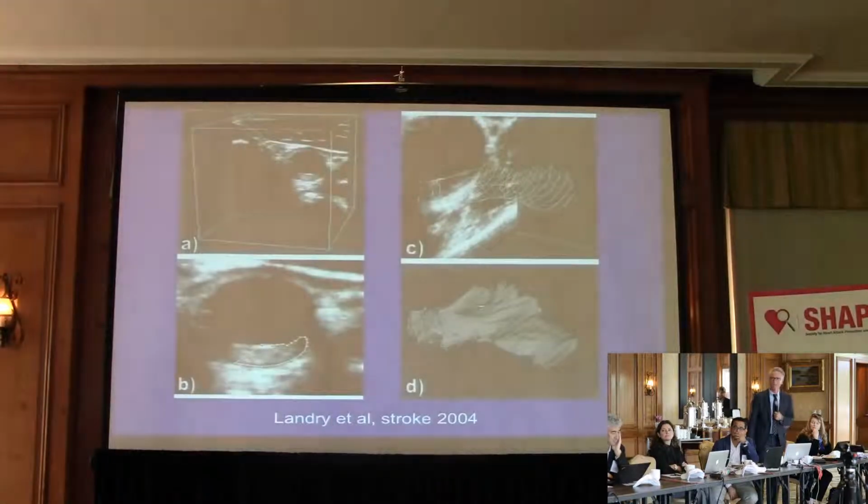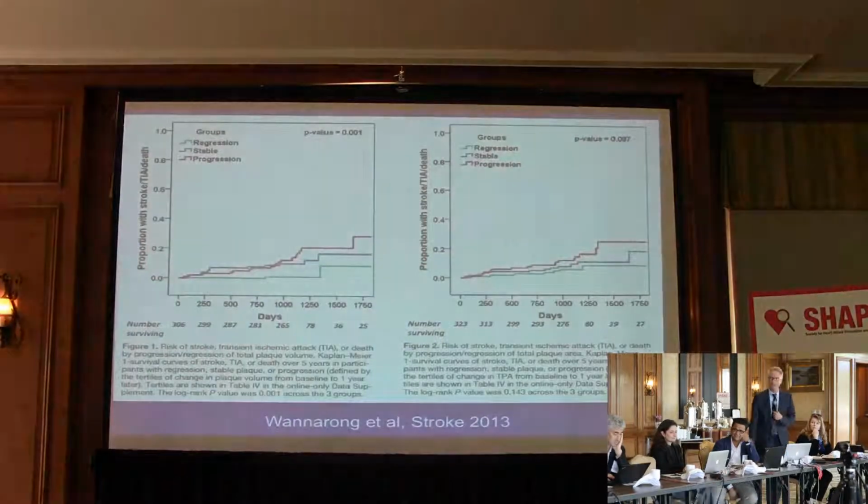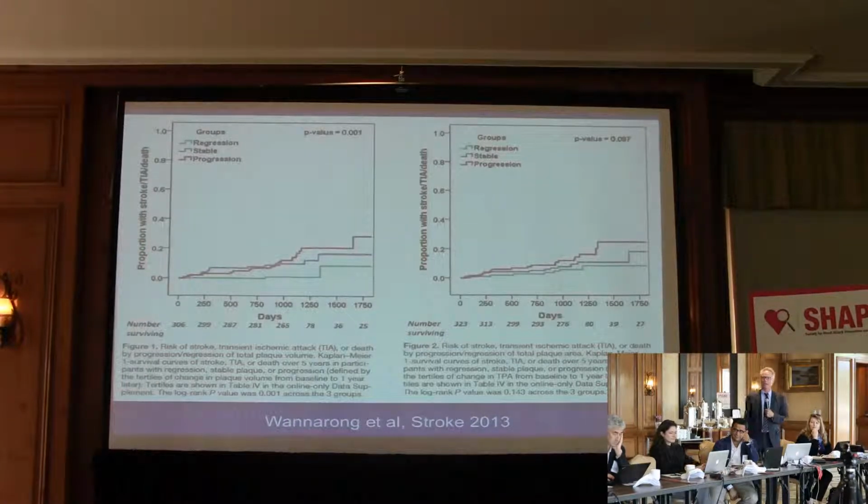And there have been some pioneers using homemade equipment who have also shown that if you look at plaque progression and plaque regression, there seems to be a relationship with outcomes, but this is in small groups. So it's more like proof of concept than really true data.